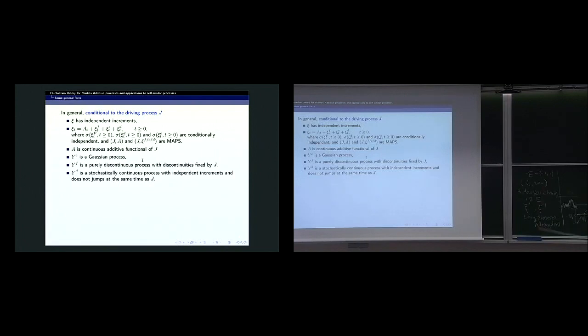Because of this structure, we can write a kind of Lévy-Khinchin formula for the characteristic exponent.